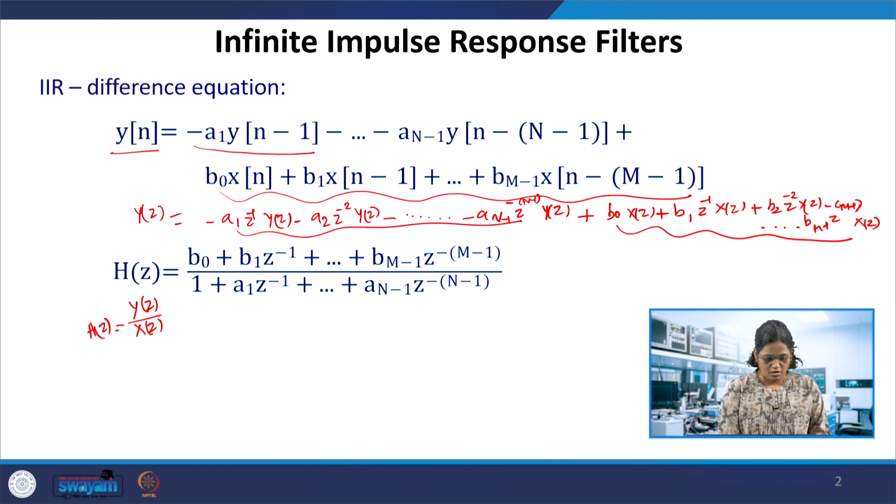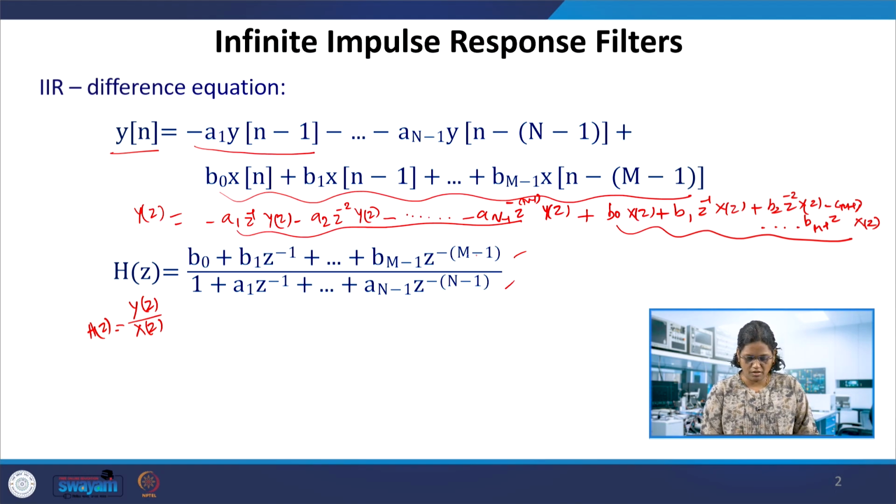So X(z) has the coefficients b0, b1, b2, and Y(z) also has its coefficients. If you push this to the left hand side, this will be equal to the ratio with denominator 1 plus a1 z^-1 and so on, which decides the order of the filter.